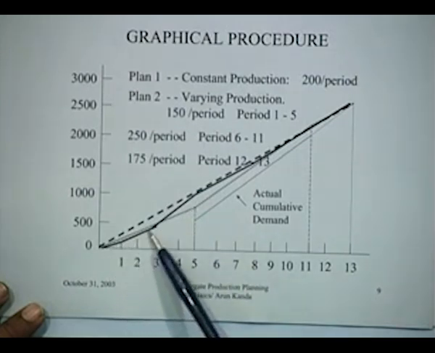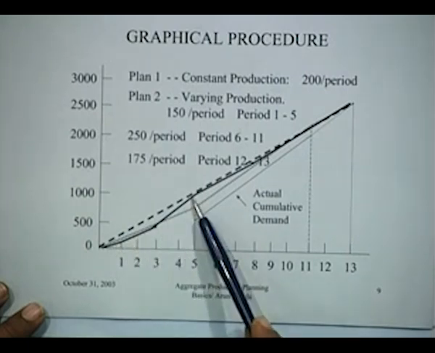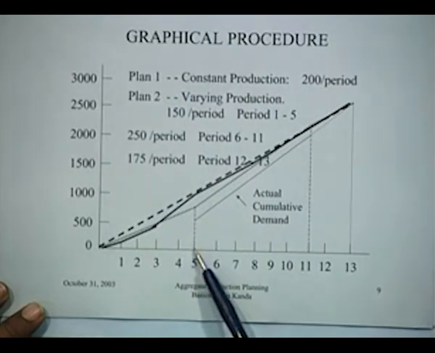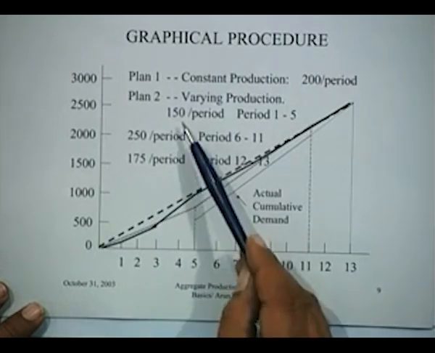So, in these months I am having inventories, and in this period I am carrying shortages. The cumulative demand up to this level is 750. So, 750 divided by 5 is 150.